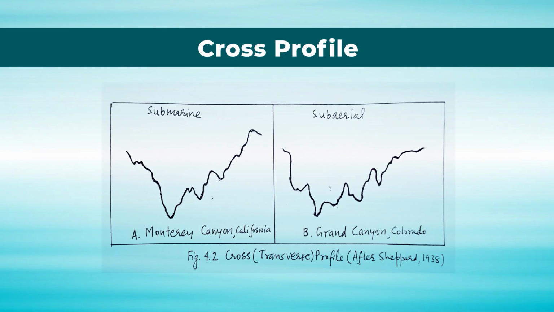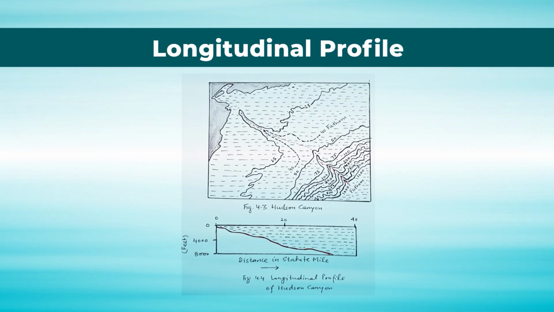Assume we are crossing a river from one bank to another, and whatever height variation comes, if we plot that, then that is known as cross profile. And if we move in the river valley from head to the delta side, and whatever depth levels are there, if we plot that, then that is known as longitudinal profile. Across the river is cross profile and along the river is longitudinal profile.